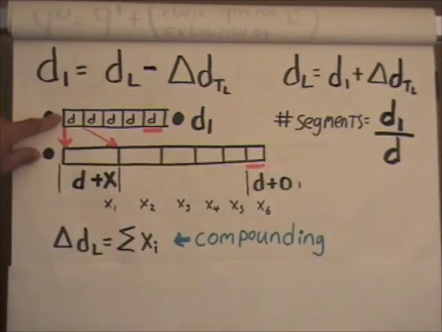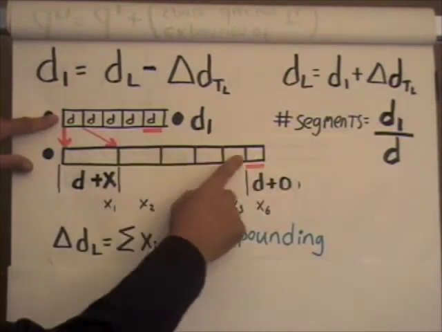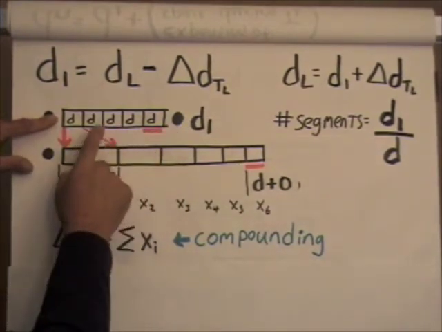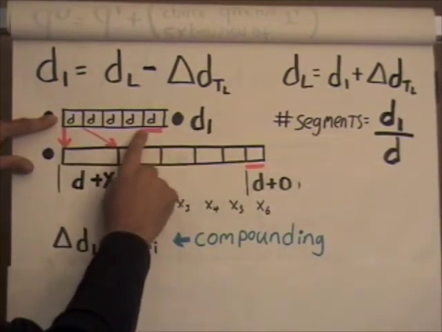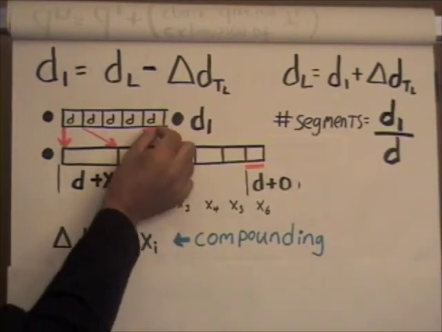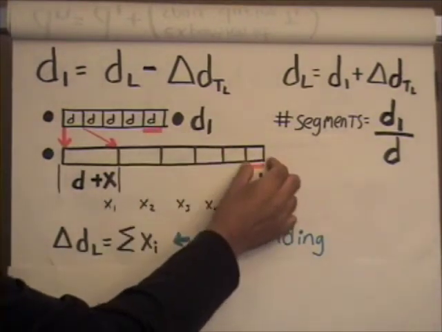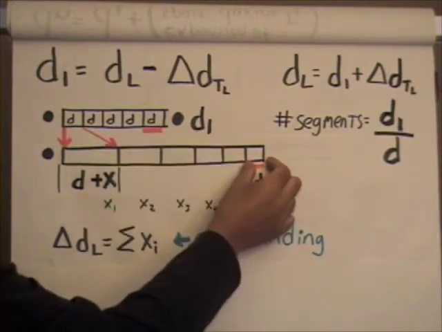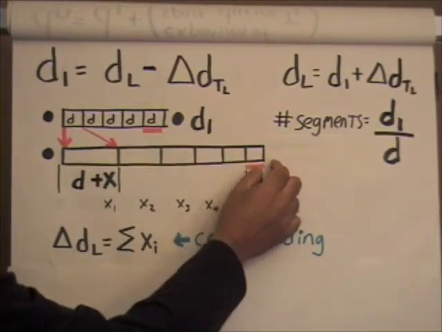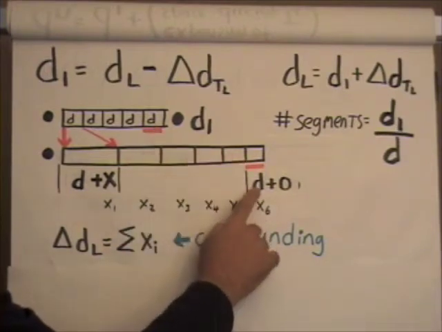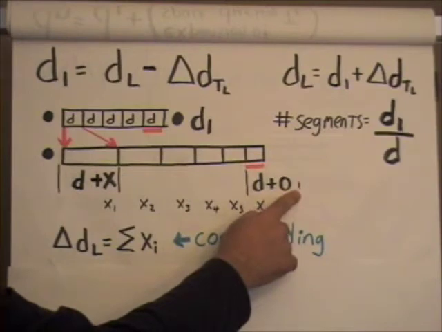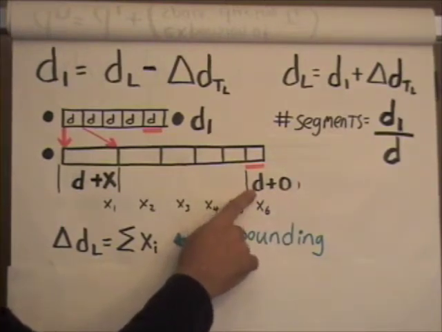Now, as light was traveling, for the first segment that it traveled, that segment didn't expand very much. So that segment ended up with a distance of d plus 0 as the distance that light traveled passing through it.